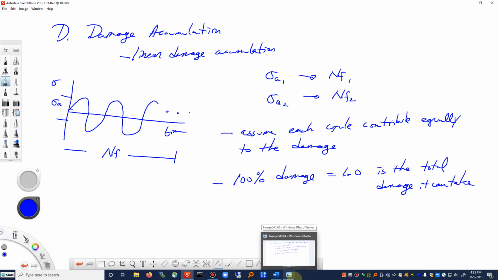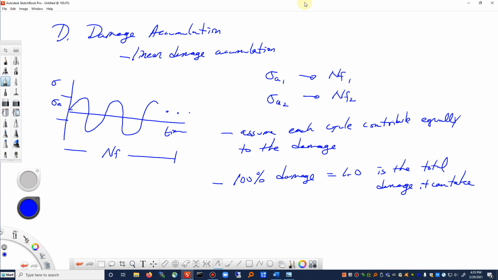Whatever our number of cycles to failure is, that's the total damage we can have, 100%, and we can't have more than 100% damage. So we say that that is a life of 1. It's the total damage that it can take.